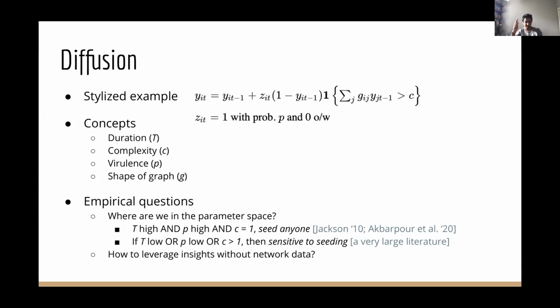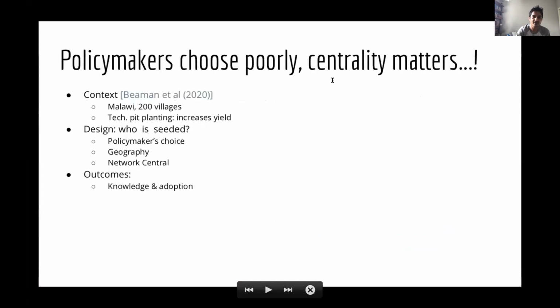On the other hand, if t is low or p is low or c is 1 plus epsilon, then the entire system is sensitive to seeding in different ways, right? Depending on where you live in this landscape. But we want to know where we live because that's what policy is about. And also, we don't actually have graph data for most of the things we want to study. So how the hell do we leverage these insights without the graph data, right? These are two objectives.